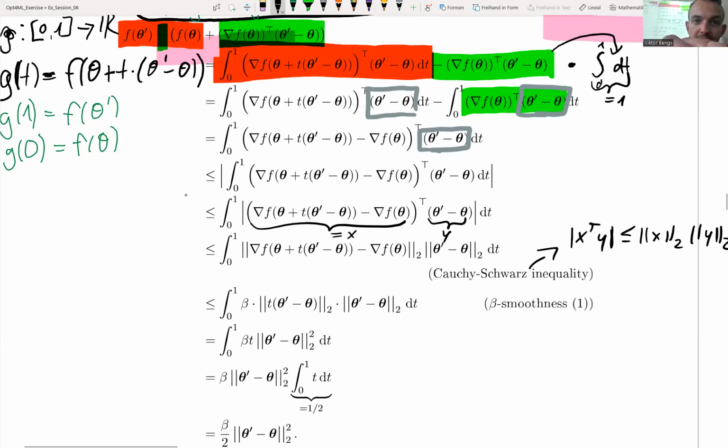And we see here, this is the difference between the two gradients evaluated at that point, so that this Euclidean distance between the gradients is smaller than the distance between their inputs. What's the difference between the inputs? Well, theta plus t times theta prime minus theta. The theta is canceling out. We are left only with t times theta prime minus theta, which you get here. And of course, don't forget the Lipschitz constant beta we have here.